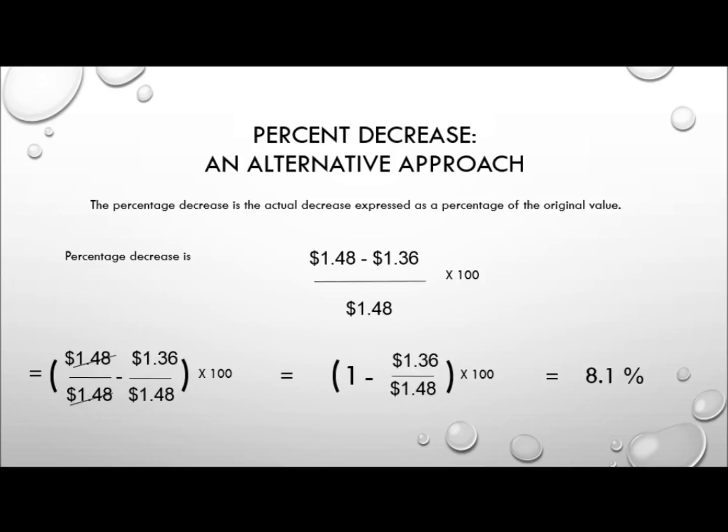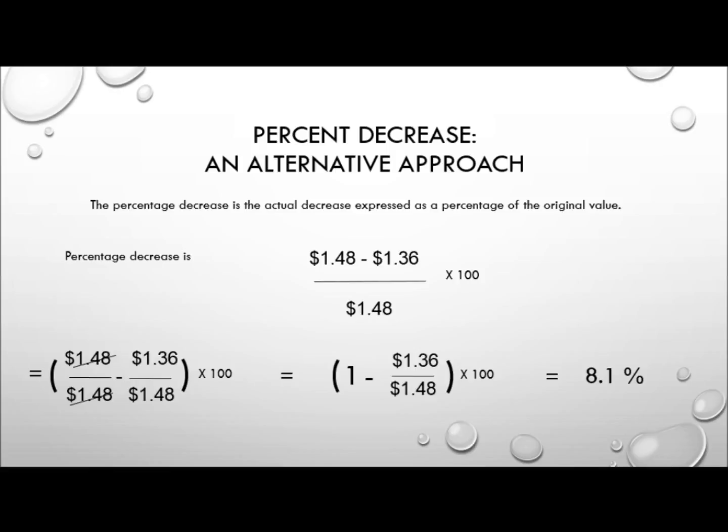So if we can make the denominators the same and merge them together when we're subtracting fractions, we can also split the denominator so long as we have the same denominator over the numerators. So $1.48 minus $1.36 all over $1.48 is the exact same calculation as $1.48 over $1.48 minus $1.36 over $1.48.